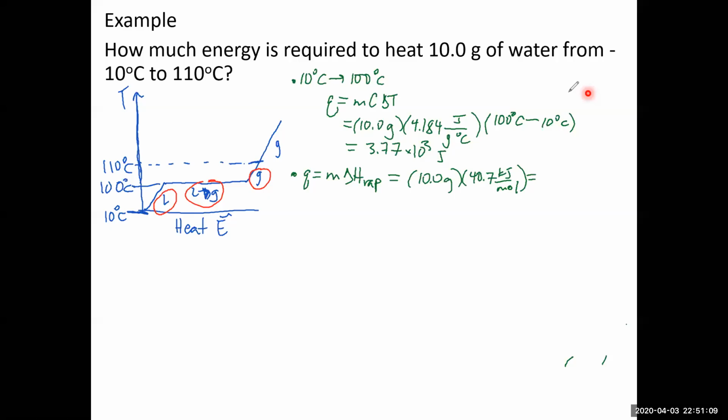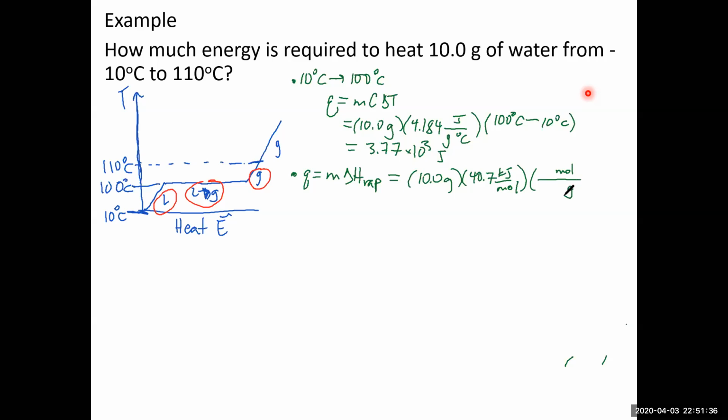Well, actually, we're not done with the problem yet. If you notice here, none of the units are actually canceling out. We need to be able to cancel out our grams and our mole. So what we need to use here is an additional factor where we cancel out our moles and convert into grams.